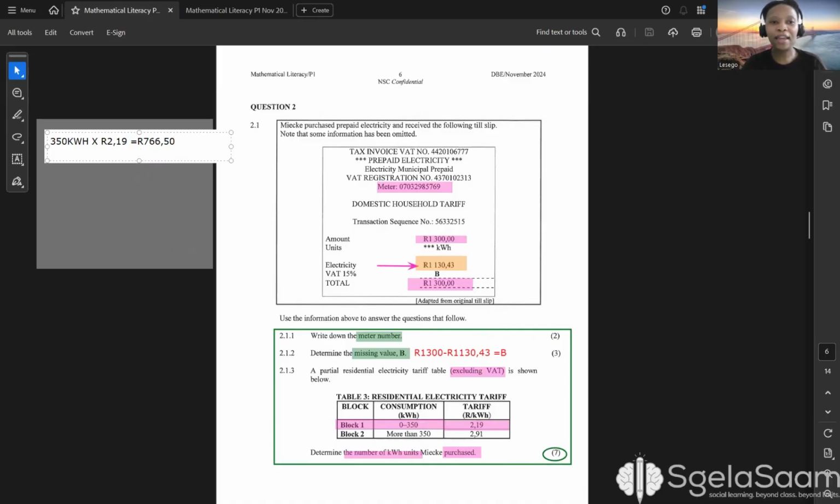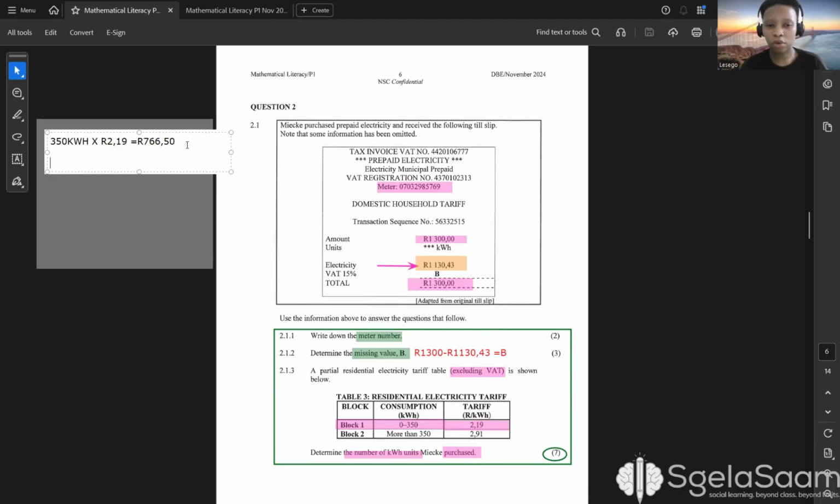The more units you use, the more it increases the cost, the tariff, which is the cost per amount of electricity you use.